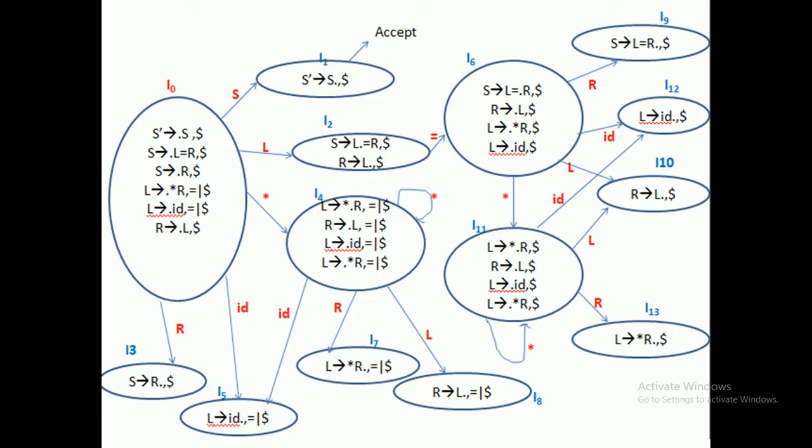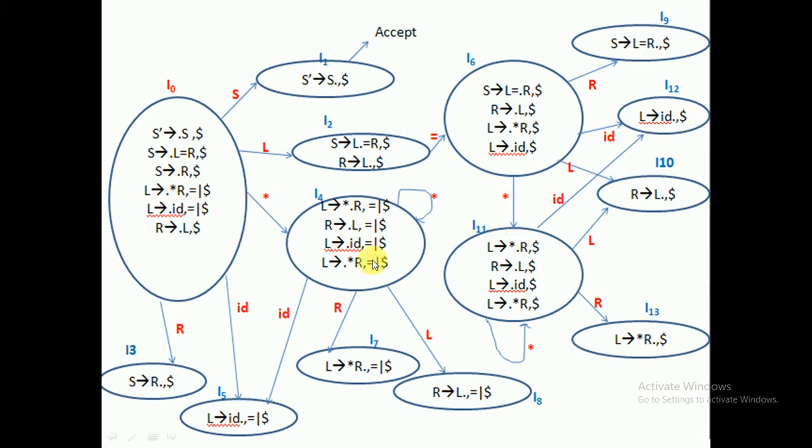Let us go here. Now a few states like I4 and I11 have similar state items: L derived dot star R, and here also dot star R, and even the place of the dot is in the same position. So they are similar, but their lookaheads are different. We need to identify such states, those whose item sets are similar and lookaheads are different.